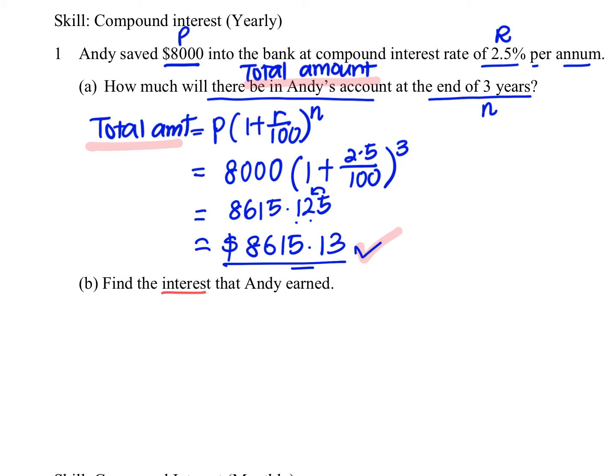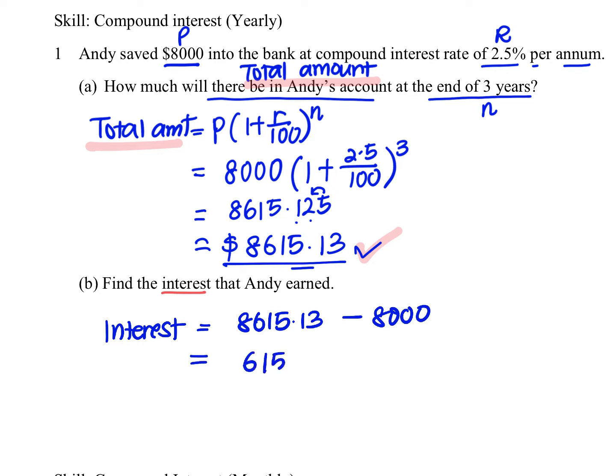So how much is the interest? The interest earned will be taking the total amount that you have and minus away $8,000, the amount that you started with. So it will be $615.13. Again, this number should be in two decimal places.